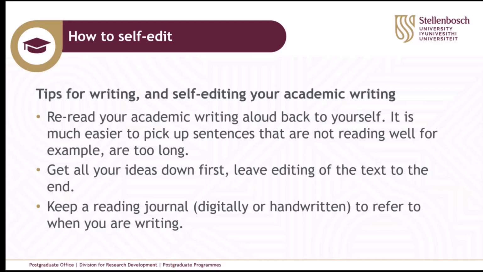Often we like to edit too soon in the writing process, and I think that's part of the problem that runs us into writer's block. We're editing way too soon, and we're trying to get all the finer details down first instead of flowing with the writing, and then coming back to the academic editing part at the end. And then keeping a reading journal is really important, whether this is digital, handwritten, using EndNote, whatever it is.